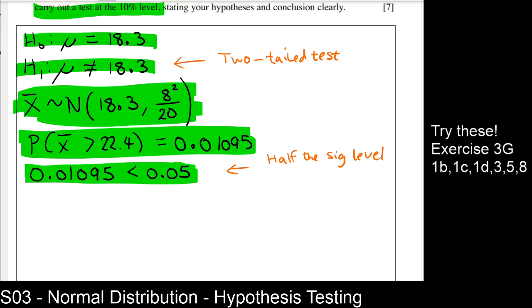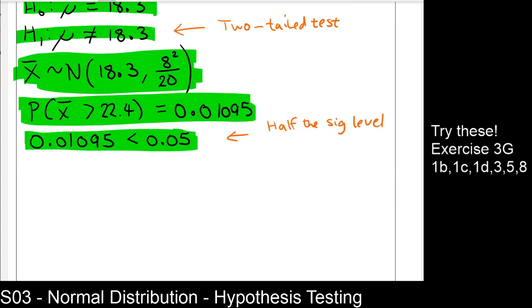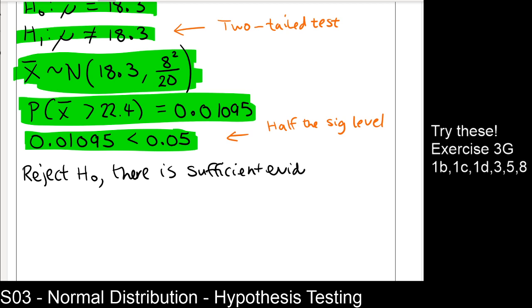What we find is that the probability we get is less than 0.05. So what we then say is, because that is less than our significance level, it's highly improbable that if the mean truly is 18.3, we get a value of 22.4 or more. So then we reject H0 and say there is sufficient evidence to suggest the mean travel time, because this is where we've got to make sure we put the context in.